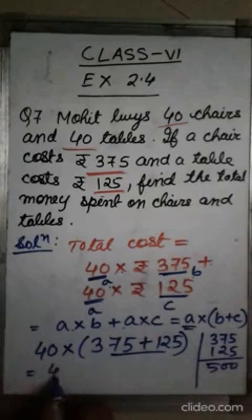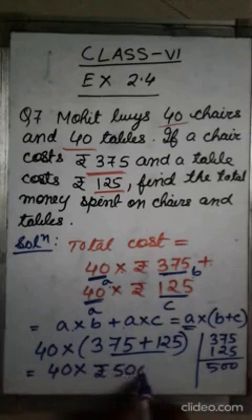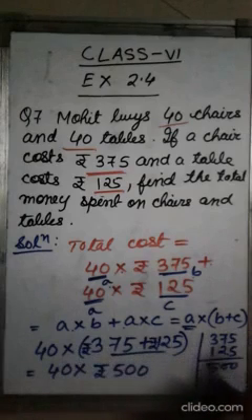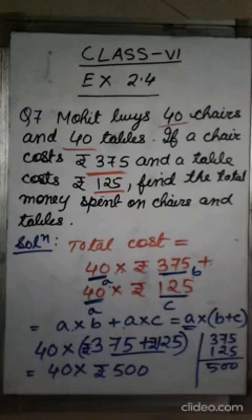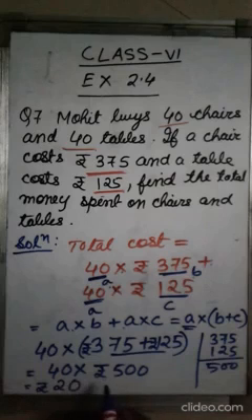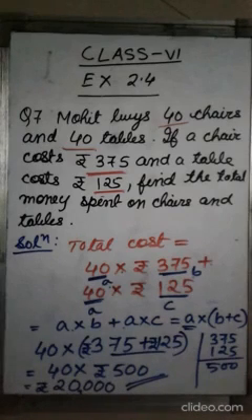So 40 into rupees 500. Do not forget to write rupees. I did not write it. Actually, you should write the units. 40 into rupees 500, if you calculate, it should be rupees 20,000. This way you have to solve the questions.